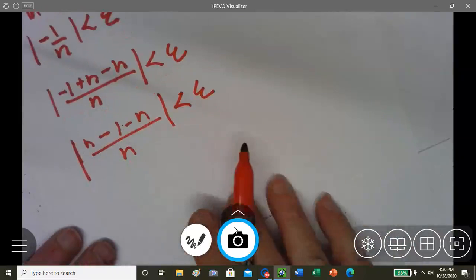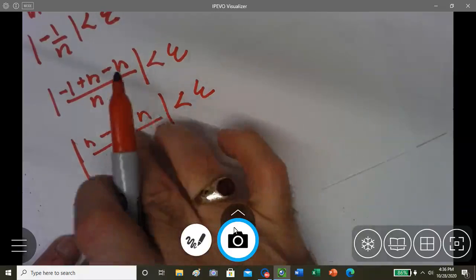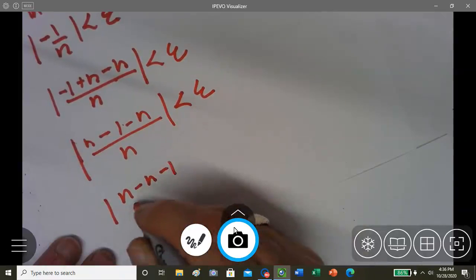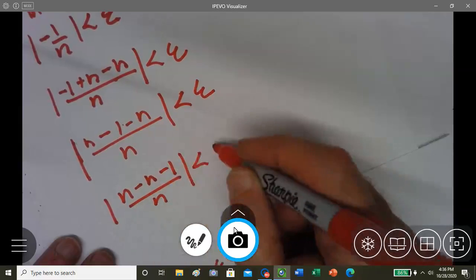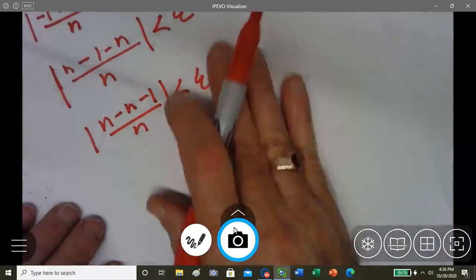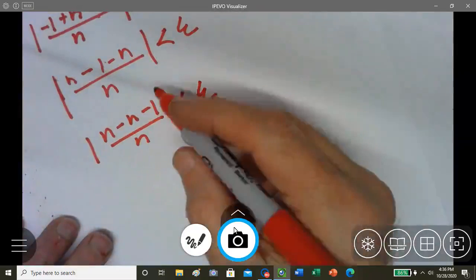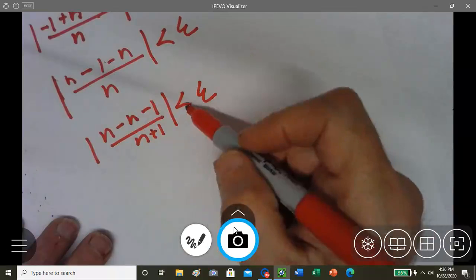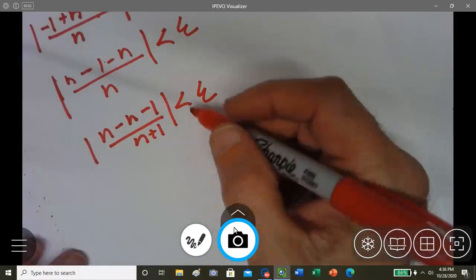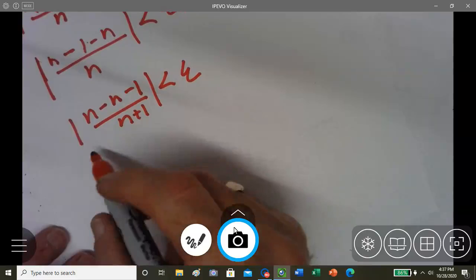Well, this would be n, and now we're going to switch the negative n and the negative 1, so that's n minus 1 all over n less than epsilon. Okay, so we have to get to this n plus 1 in the denominator. The n plus 1 is going to be larger than n, so that's okay, it's okay to be smaller. Therefore, we added that n plus 1 on the denominator.